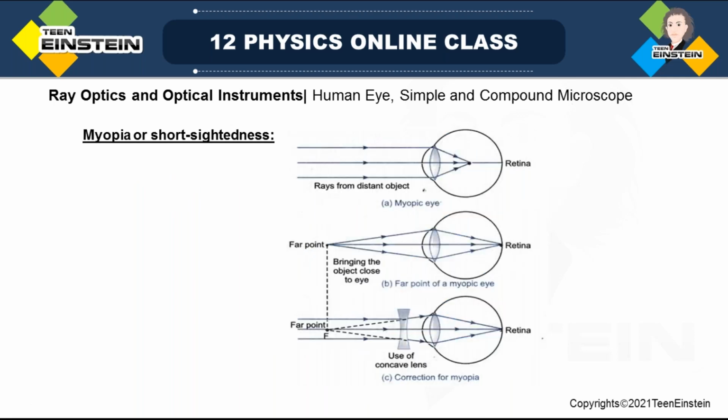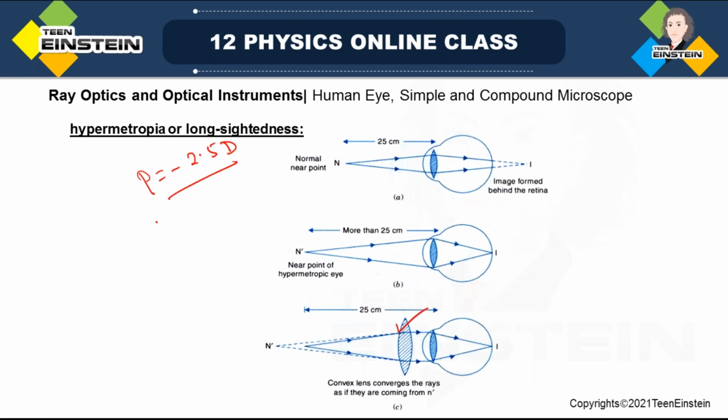So the correcting lens is concave in myopia or short-sightedness. So you can easily find out what the problem is from the sign of the power itself. So the question is, does the person have farsightedness or nearsightedness?